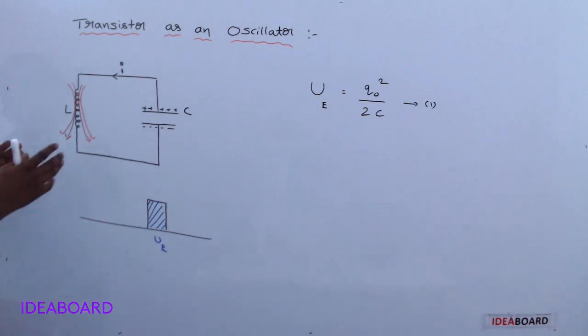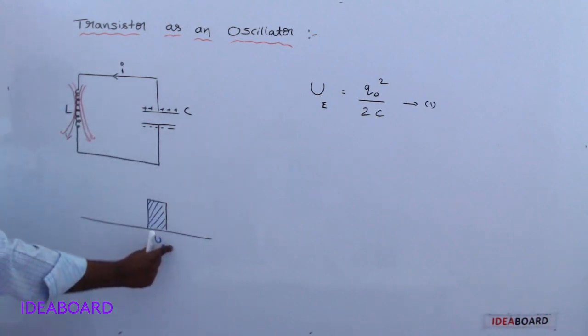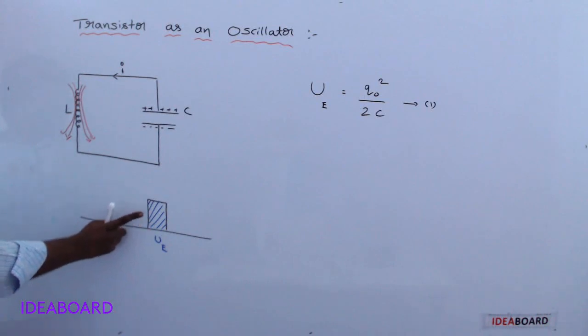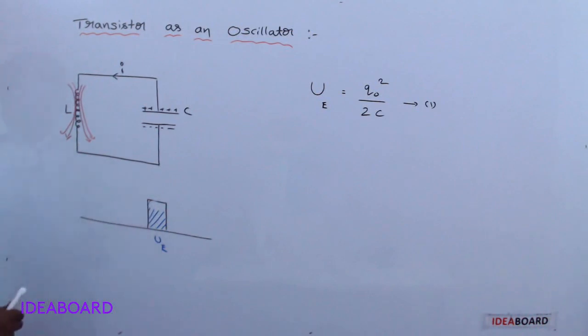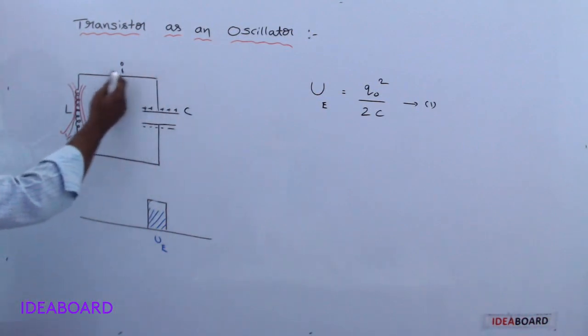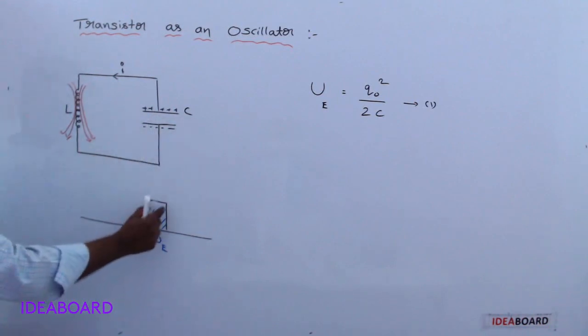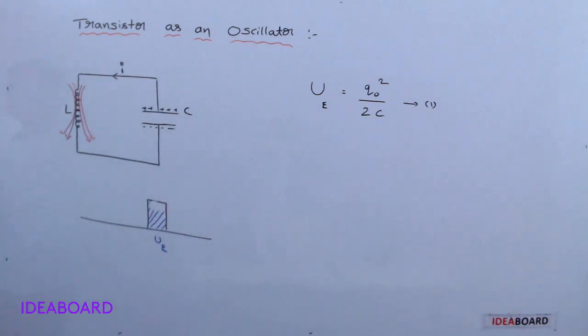Clear? So here the electrical energy of the capacitor now decreases. Why? Because some current passes through it now. The capacitor is discharging. So during discharge, the electrical energy within the capacitor decreases. We know from the law of conservation of energy, energy is neither created nor destroyed, but it may transfer from one form to another form.